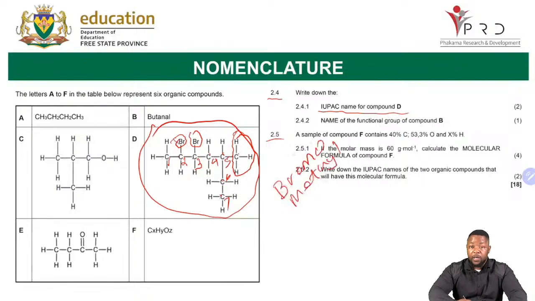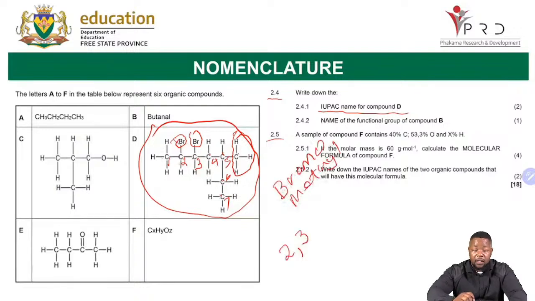Now, when we write our prefixes, we need to make sure that the alphabetical order is followed. We have a bromo, we have the methyl. Alphabetically, the bromo is the one that comes first. Therefore, we indicate the positions of the bromo. The first bromo is in position 2. Remember, between a number and a number, we put a comma. So this will be 2, 3.